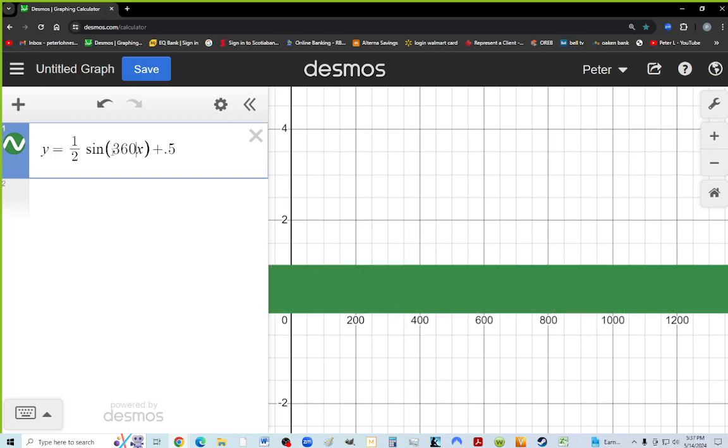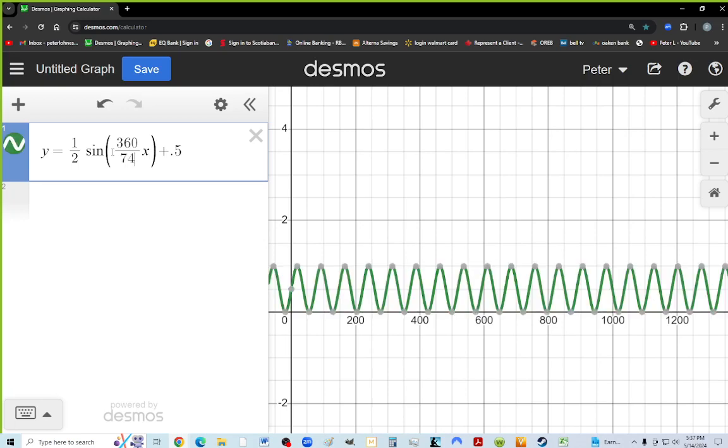Now I want to turn my period into 74. I brought it down to 1 with that 360. How do I turn it into 74? You multiply by 74. Oh, that doesn't make sense. I've multiplied it by 360, and 1 is dividing. Oh, you divide by 74. So it looks like this fraction here creates a period of 74.